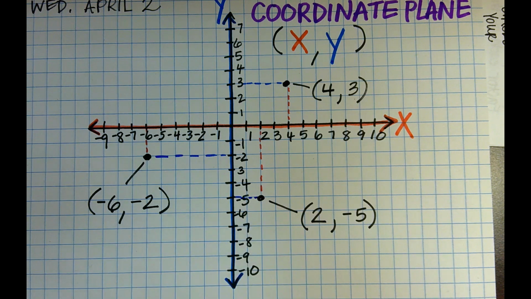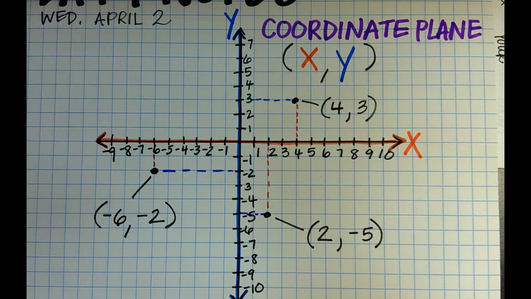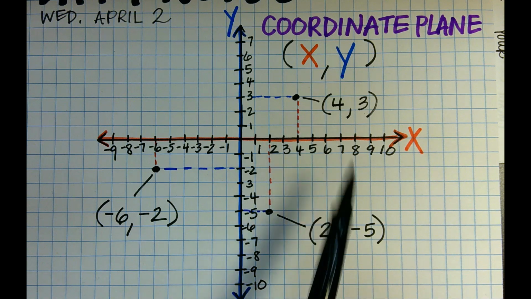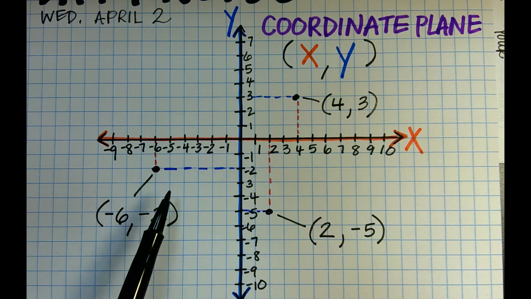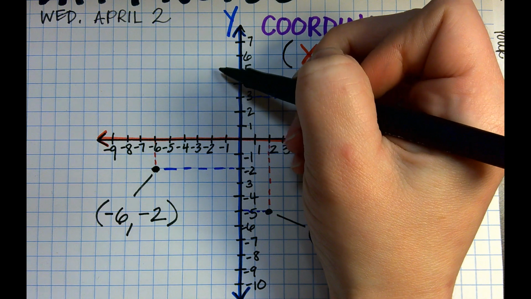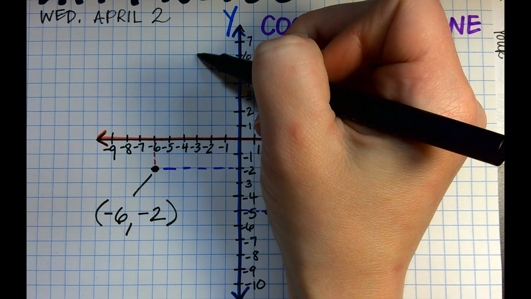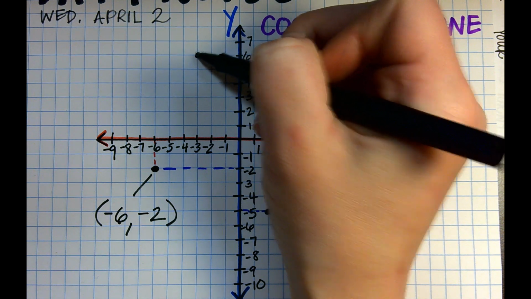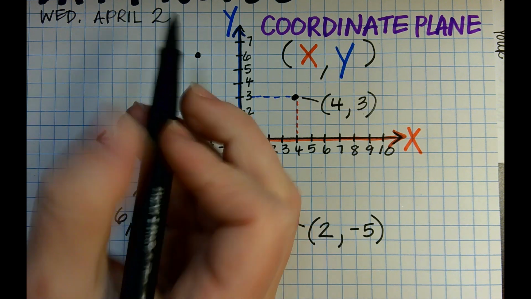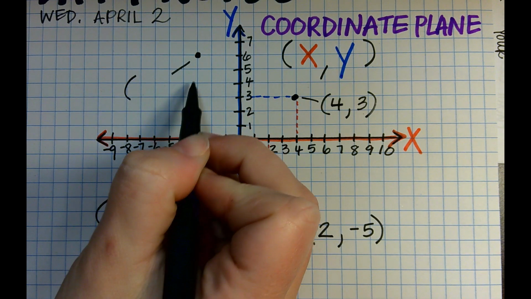Perfect. So we have a coordinate here, a coordinate here, a coordinate here, and we'll do one more above. Let's do it right here. How would I label this coordinate?